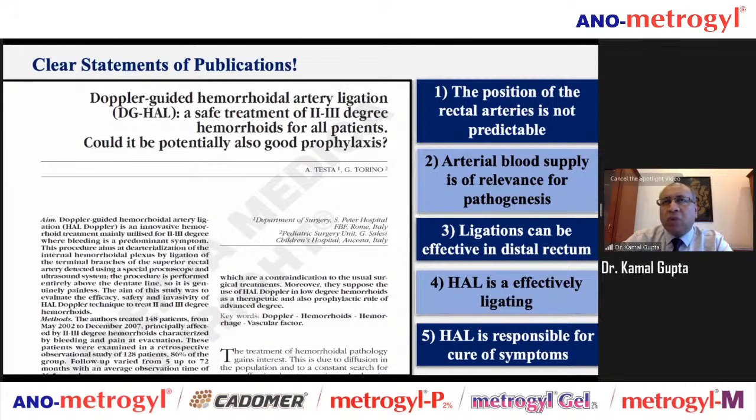Previously, it was thought that hemorrhoids might be a venous disease, but without doubt, it is now very clear that it is an arterial disease. Then, ligations can be effective in the distal part of the rectum.